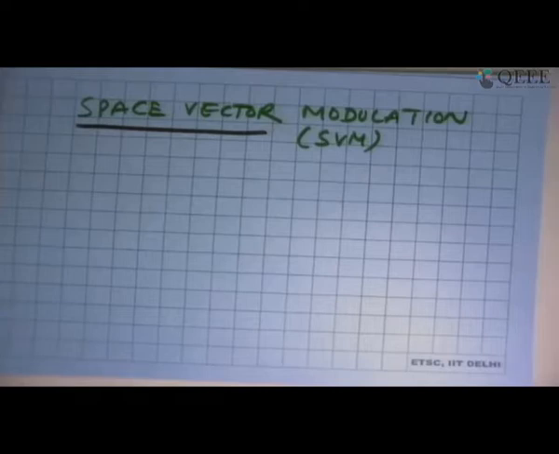It tries to understand the switchings we do in an inverter with respect to its space phasor, or space vector, and then tries to evolve a strategy where we can cover all the region of the hexagon.